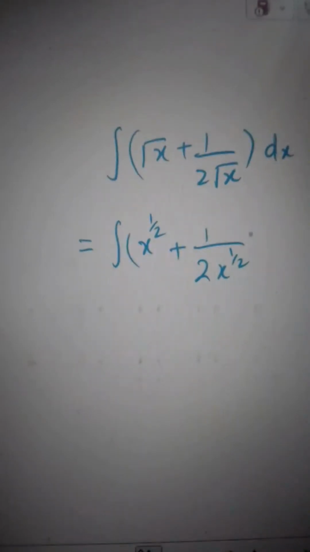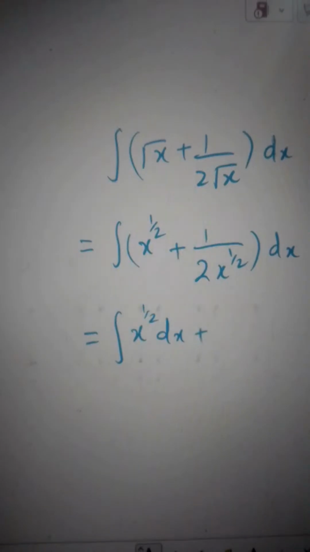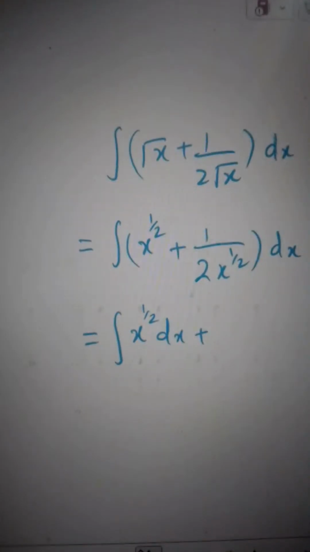So we can separate the operator to both of these functions. Actually, we can consider that these two functions are added, and their addition makes another new function. So we separate the integration sign to both of them. 1 by 2 acts as a coefficient, and we can write it outside the operator and integrate. Look, this x can be written as x power minus 1 by 2 in the numerator.